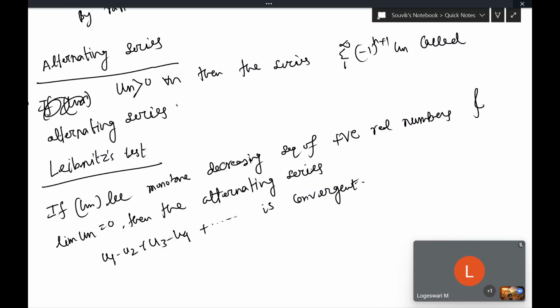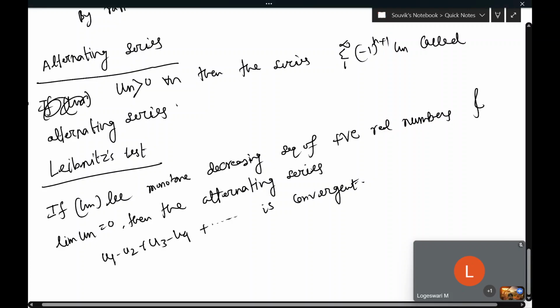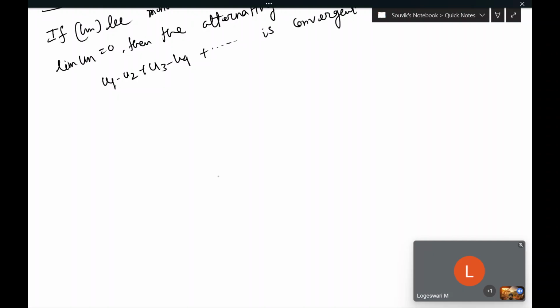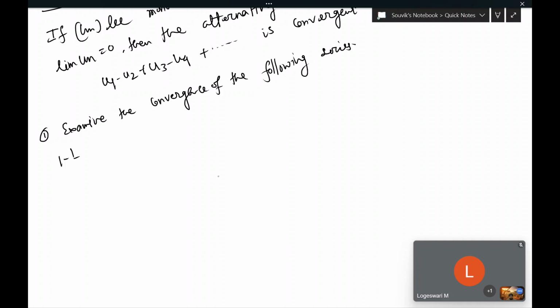So this is the main statement. Using the Leibniz test, let us show that the following series are convergent. Examine the convergence of the following series. The series is 1 minus 1/2 plus 1/3 minus 1/4 plus and so on. What is the nth term?